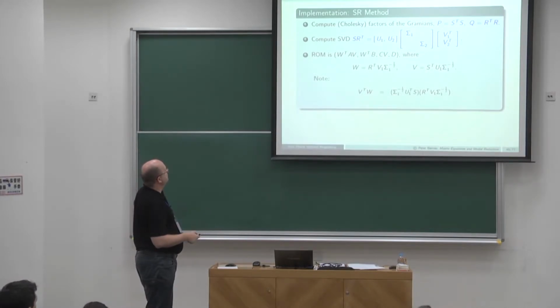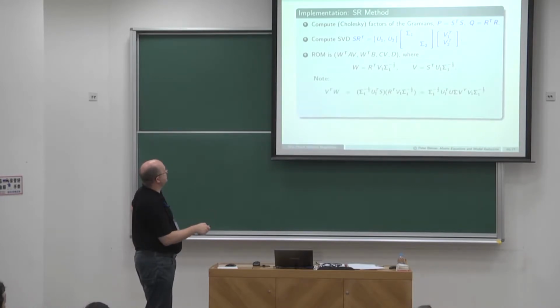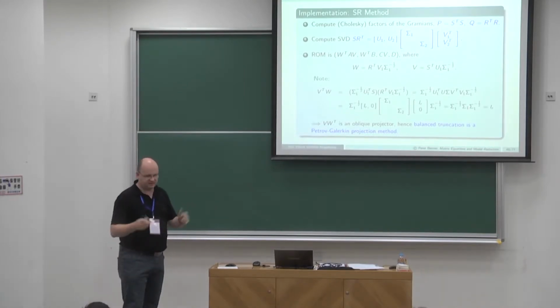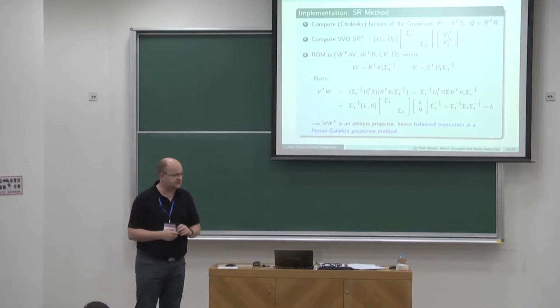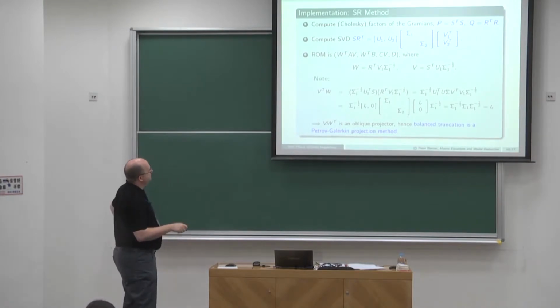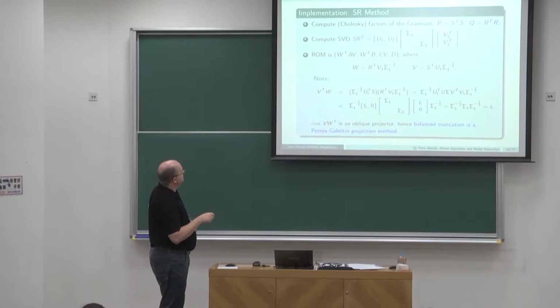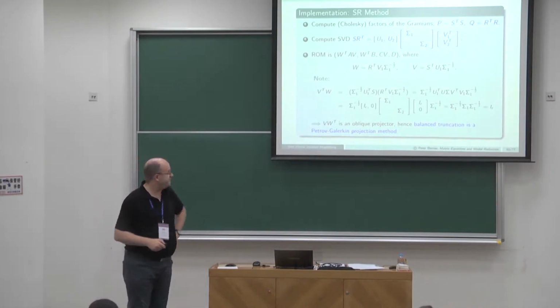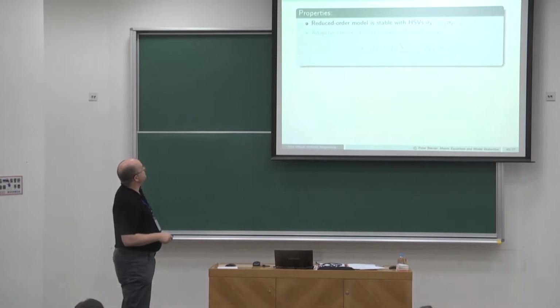And these give you, first of all, it's clear, they give you a projector. That's just clear from the properties of the SVD, like we had it in the exercise already seen in a way. It's an oblique projector, obviously. So balanced truncation can be interpreted as a Petrov-Galerkin projection method.